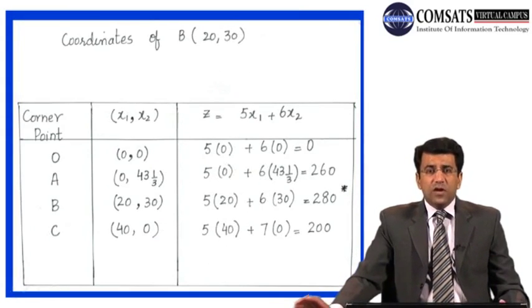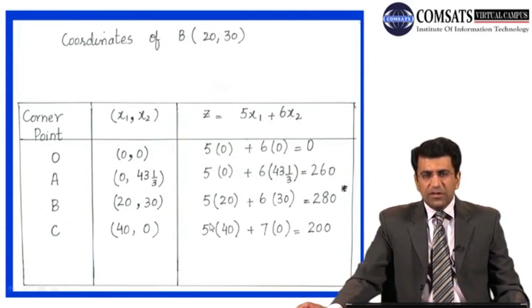Up to now, we have defined our objective function and our constraint functions, then we solved these constraint functions by first converting them into equalities. Then by putting the values of x1 and x2 one by one, we got the different points for these constraints, and then we found the point of intersection of both lines.